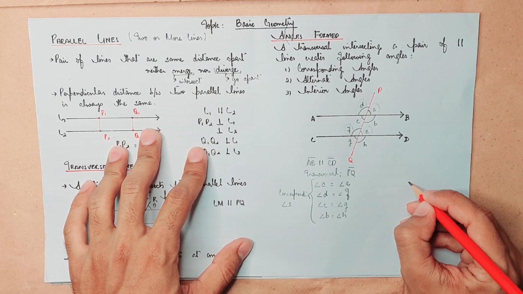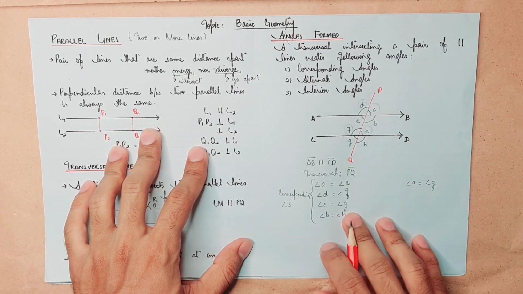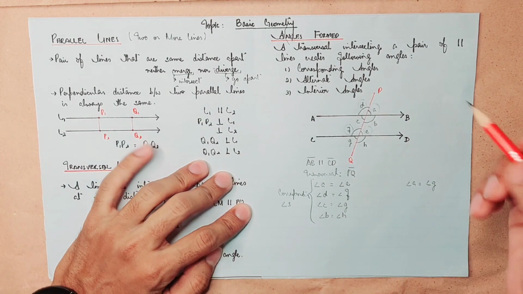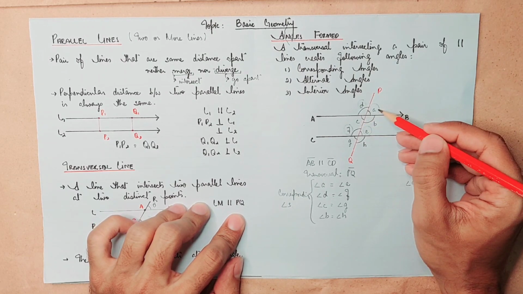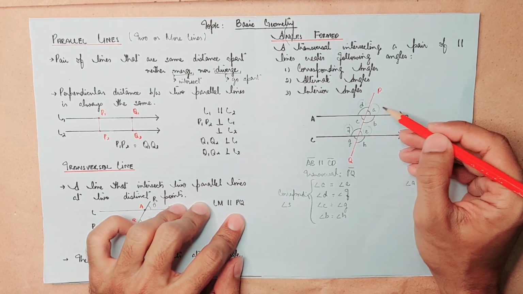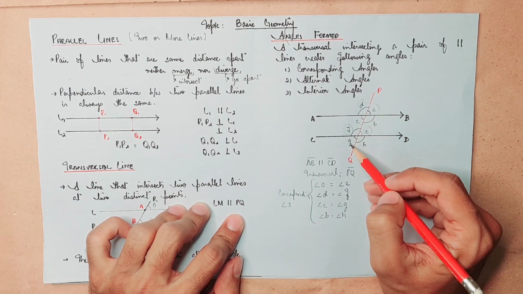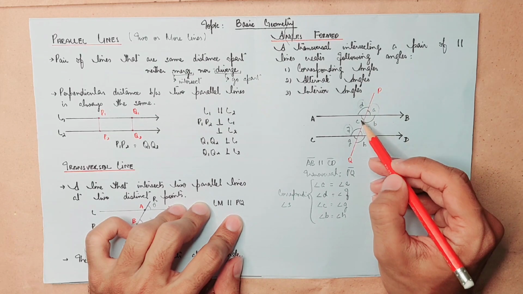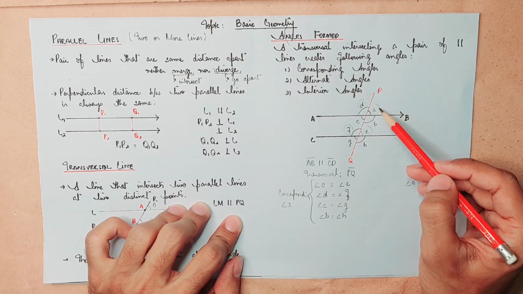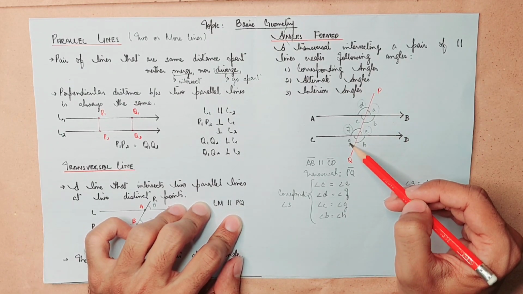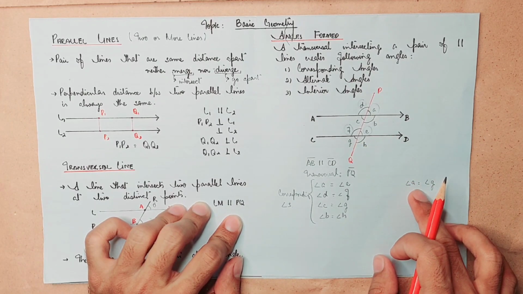To explain how these angles are equal: angle A and angle C are equal because they are vertically opposite angles. Angle C and angle G are corresponding angles. So if angle A is equal to angle C and angle C is equal to angle G, then angle A is equal to angle G. So angle A and angle G are a pair of alternate angles.